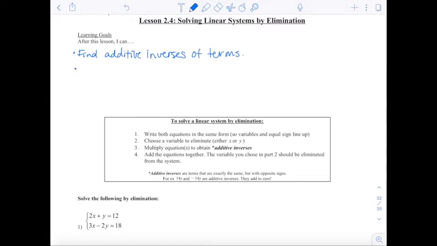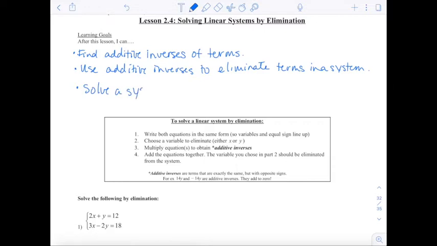We want to be able to use additive inverses to eliminate terms in a system in order to do the last thing, which is to solve a system, i.e. find the POI, using the process of elimination. So these are our learning goals.